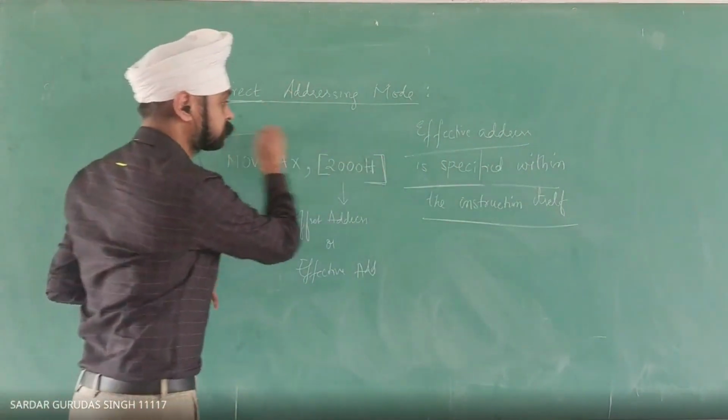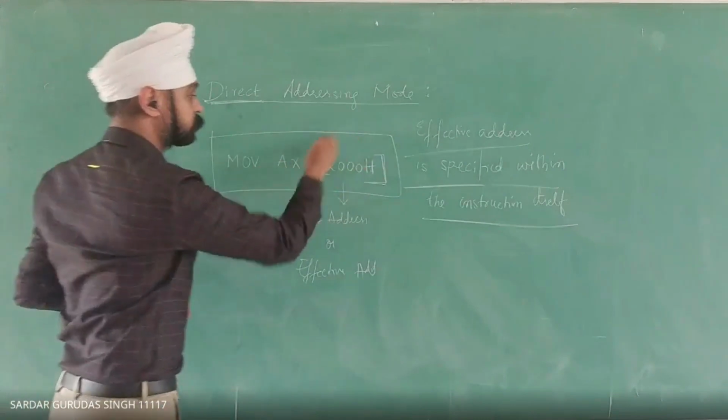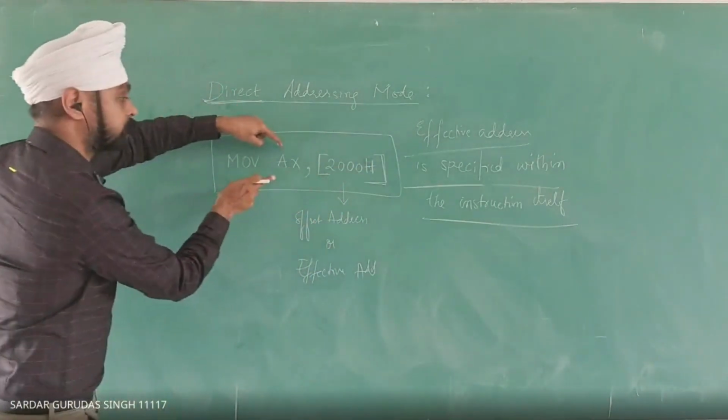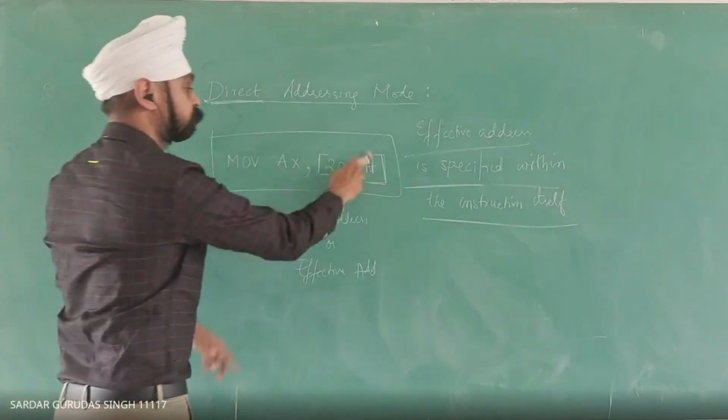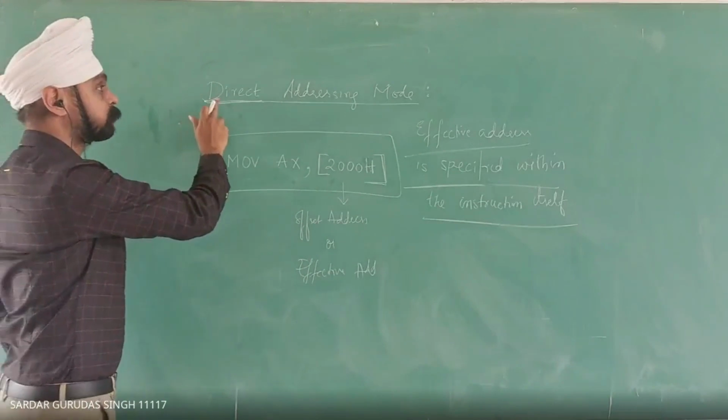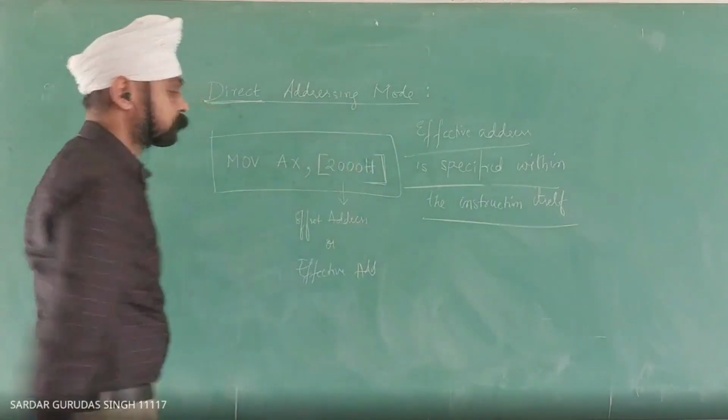This is the instruction, and within the instruction, either at the source side or at the destination side, if you specify the effective address, then that type of addressing mode is known as direct addressing mode.